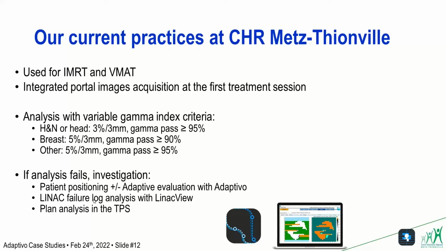Typically we use log analysis software to investigate small deviations of the LINAC, for example the LINAC view software that is also proposed by Standard Imaging. And if everything is correct, we look at the plan in the TPS to search for possible deviations in the TPS.